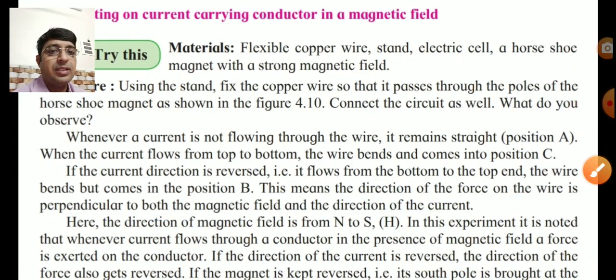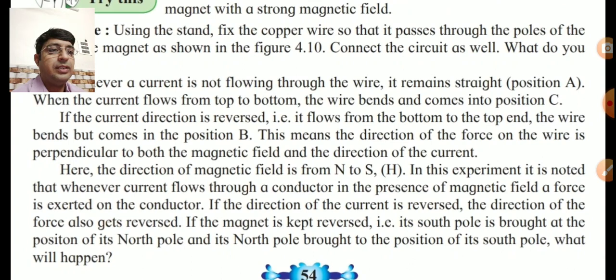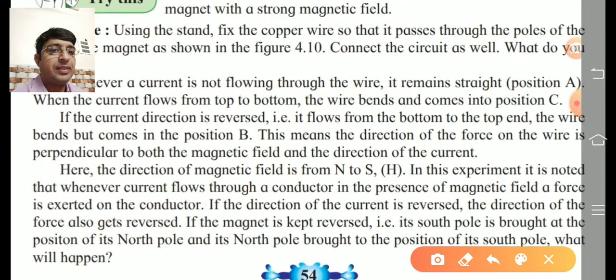Clear? Here the direction of the magnetic field is from north to south in the diagram, indicated by the letter H. In this experiment, it is noted that whenever current flows through a conductor in the presence of a magnetic field, a force is exerted on the conductor.